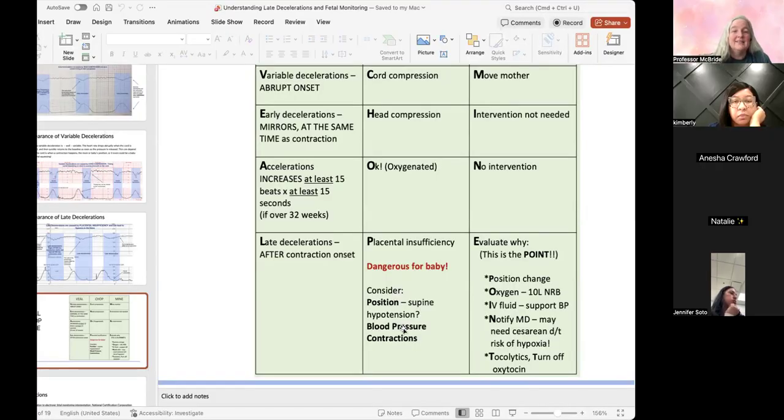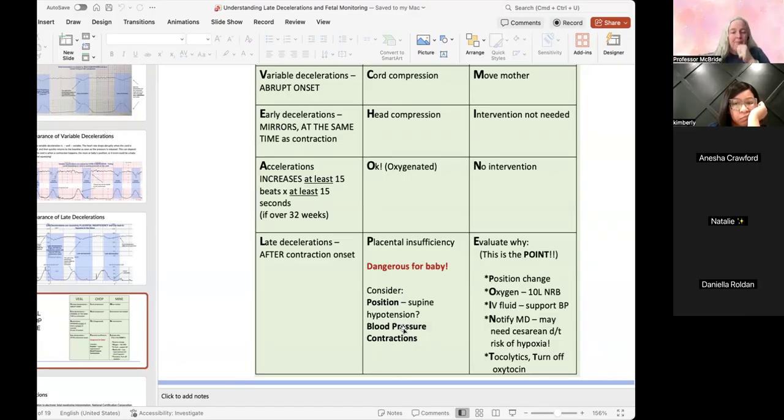Any idea? She will ask for it. Making the epidural. The epidural. Okay. So an epidural can cause that blood pressure to go down. And if the blood pressure goes down, then it affects perfusion to the placenta and can cause late decelerations.